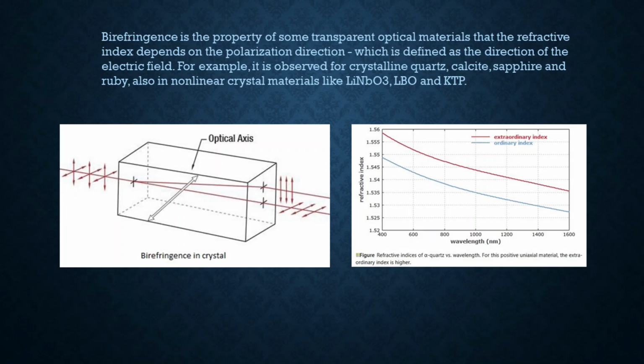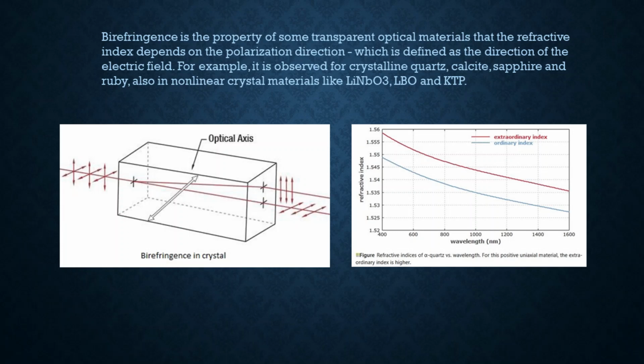For a crystal in which the O ray travels with a smaller velocity than the E ray, that is, the refractive index of the E ray is less than the refractive index of the O ray, that is nE less than nO, in the direction normal to the optic axis, are called negative crystals.